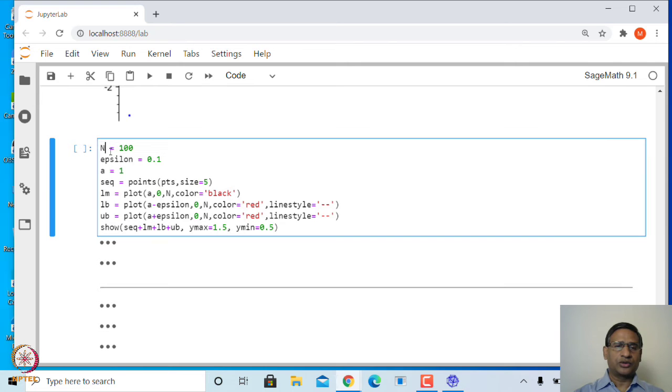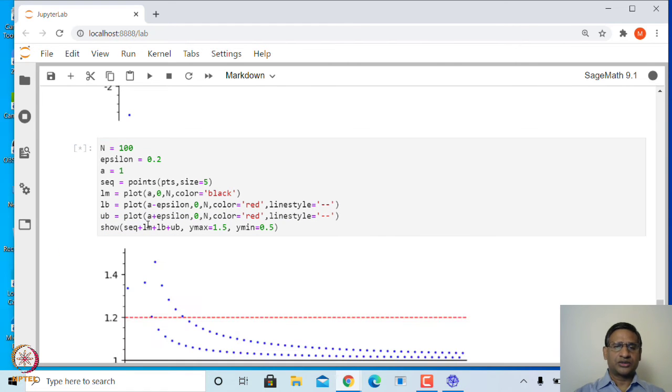So, you take n is equal to 100 and epsilon equal to, let us say to begin with, a 0.2 band, and the point is at a, and then let us plot the line. This is the line. The lower line is 1 minus epsilon and the upper line is 1 plus epsilon, and let us show.